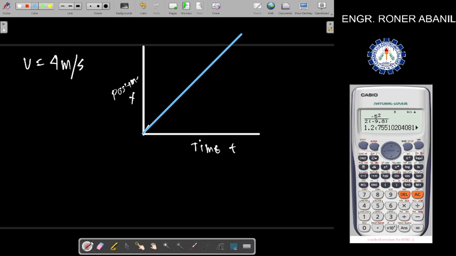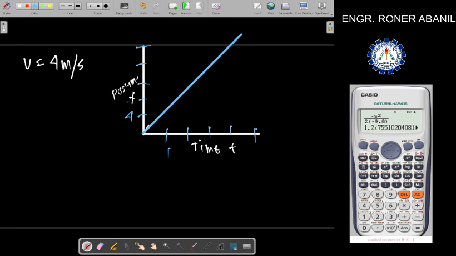Every point on the line shows us its position depending on the time. So, for example, 1, 2, 3, 4, 5. In 1 second, he is at 4 meters, because it is 4 meters per second.